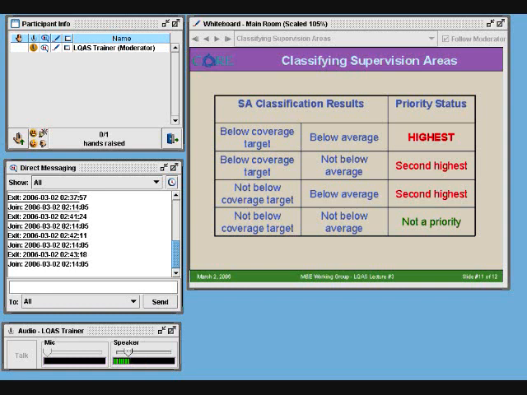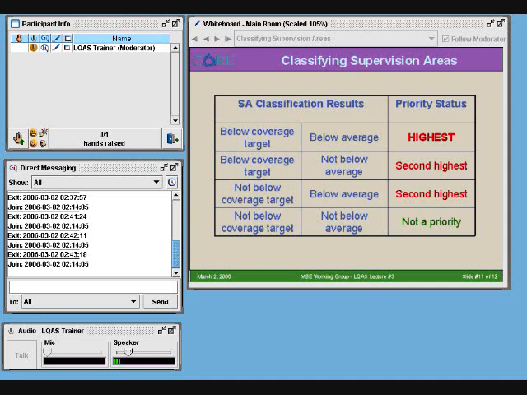The table shown in this slide should help us classify the priority status at the supervision area level, taking into account two parameters: coverage targets and average coverage rates. And we will be able to assess this priority status based on the number of correct responses and the decision rule values by supervision area.